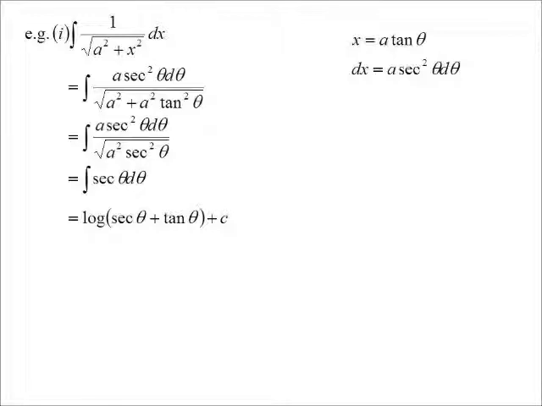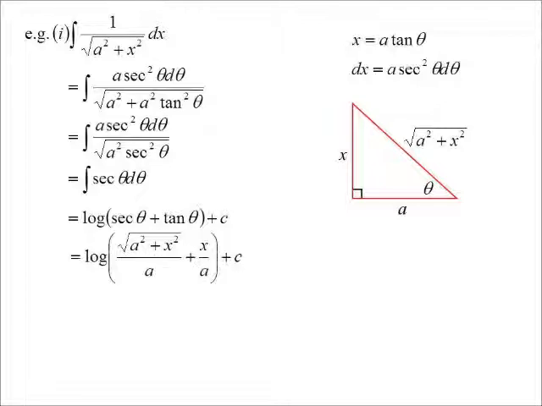So what I then do is draw myself up a little triangle, and I know that x over a is the tan of theta, so therefore the hypotenuse will be the square root of a squared plus x squared. Now it's no coincidence that that third side turns out to be the square root we started with, because we're using the Pythagorean trig identities. So of course when I use Pythagoras over my triangle, I get the same expression.